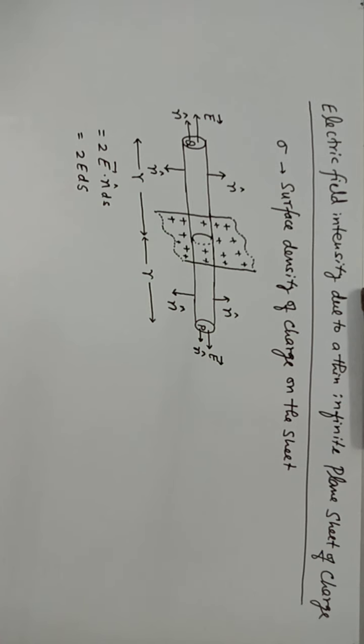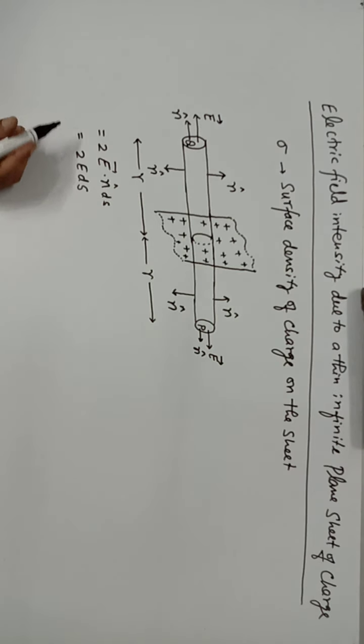On the curved surface of the cylinder, E and the outward normal n are perpendicular to each other. The value of theta is 90 degrees and cos 90 is 0. Therefore, there is no contribution to the electric flux by the curved surface of the cylinder.